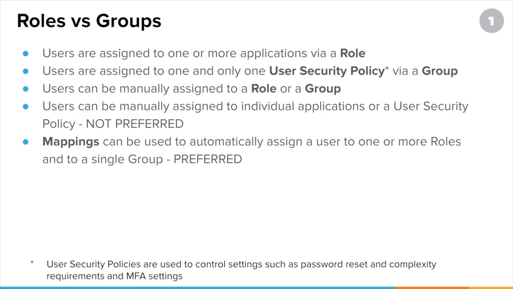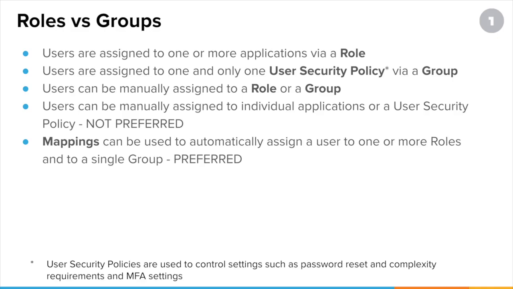Or there might be a specific role that is used to assign a particular application. Like I might have a Salesforce role, and it's only associated with our Salesforce app connector. Thus, anybody assigned to the Salesforce role is assigned to that Salesforce application. Again, users can belong to multiple roles.